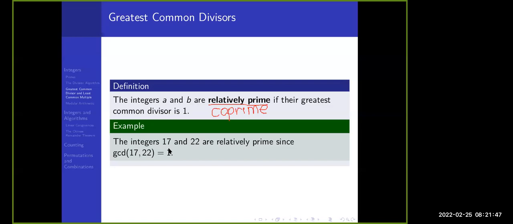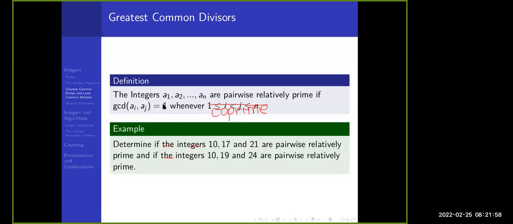You can think first of n integers. So we have n integers, a1, a2, up to an. We say they are pairwise relatively prime if any pair of integers you pick from this set has greatest common divisor equal to 1.